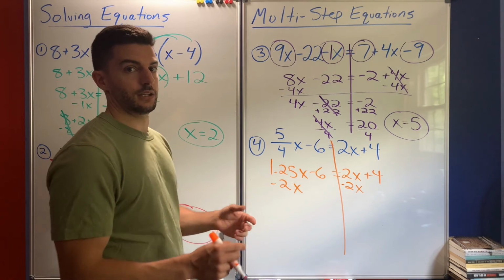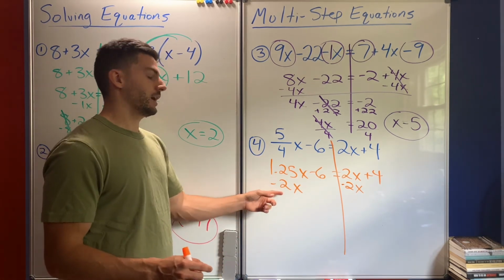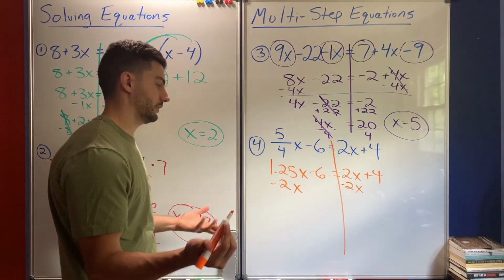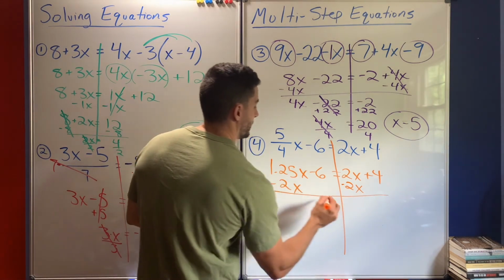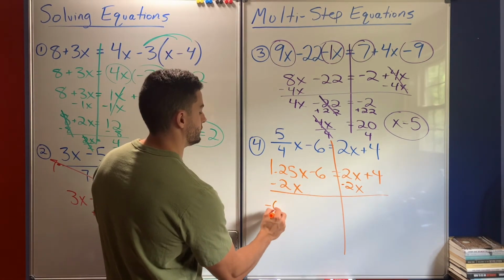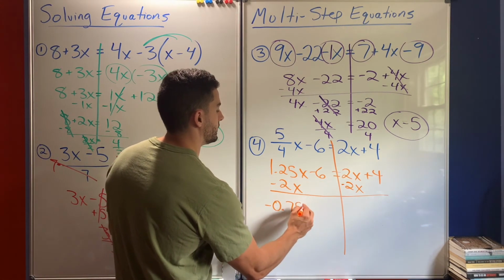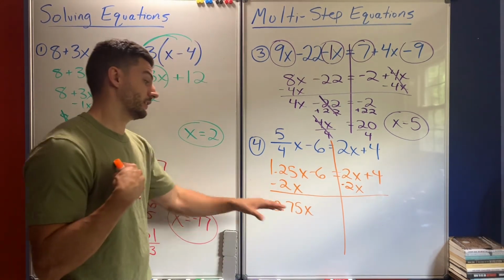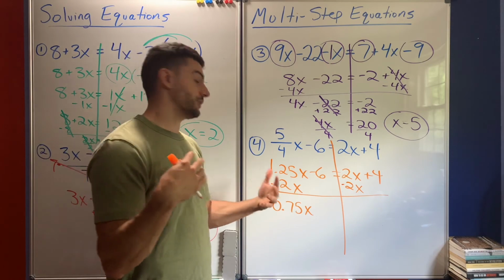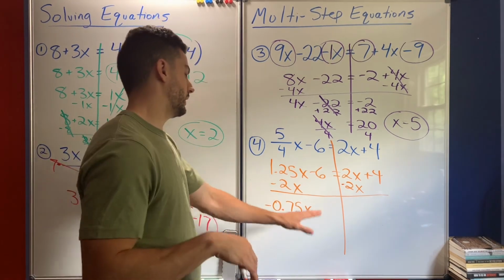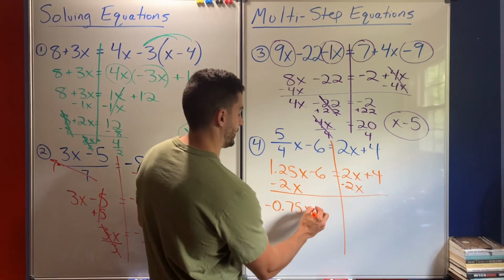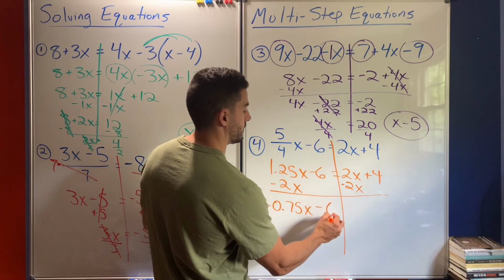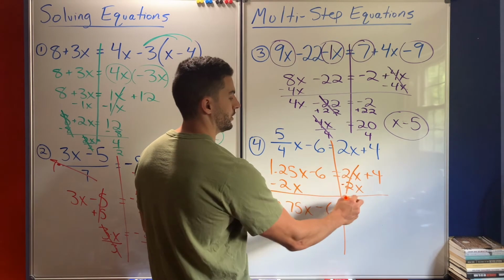So now the math is 1.25 minus 2, okay, and you can use a calculator still for that, but what you end up getting is negative 0.75. And that's still a decimal, but it's okay. I think a lot of kids understand or have an easier time with decimals than fractions. So I like that right there. Okay, so negative 0.75x minus 6 equals just 4.